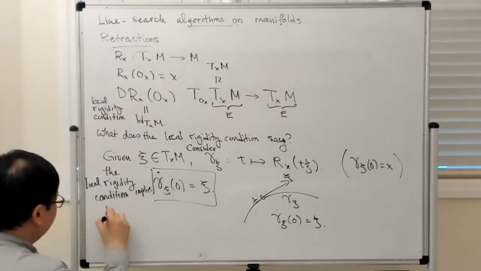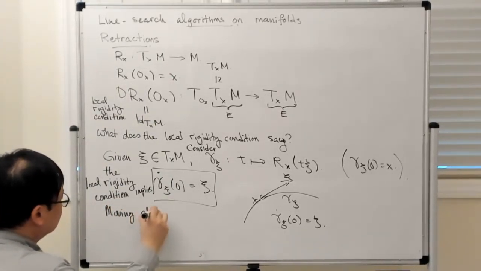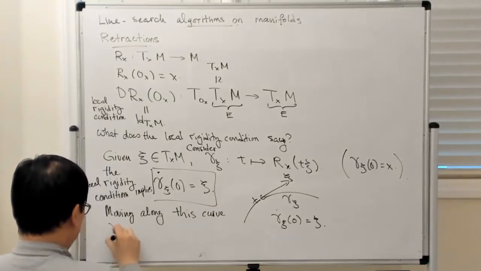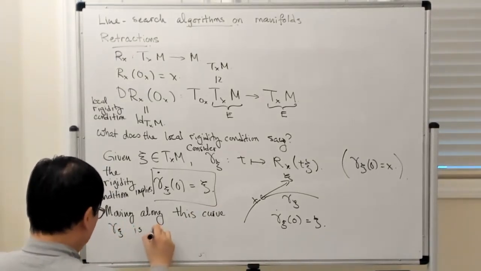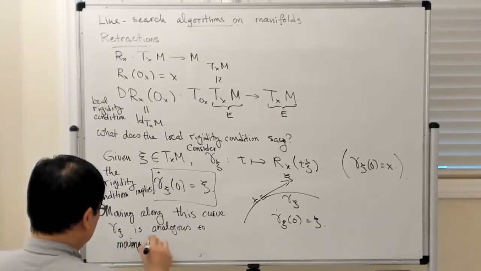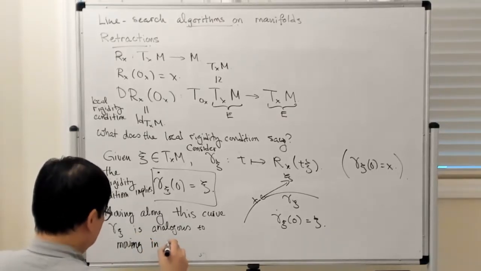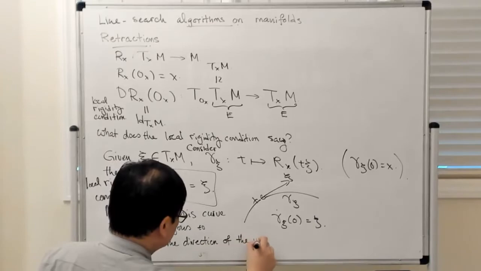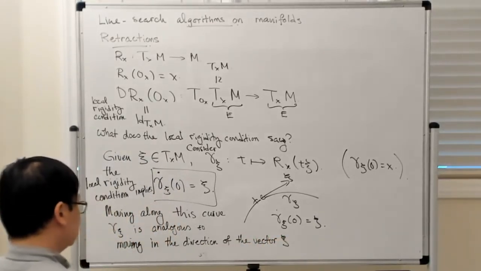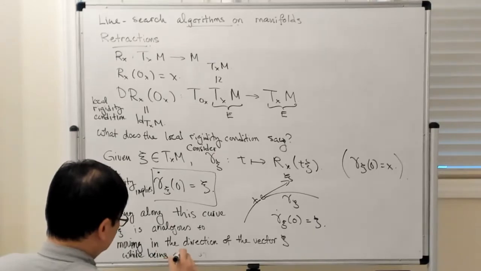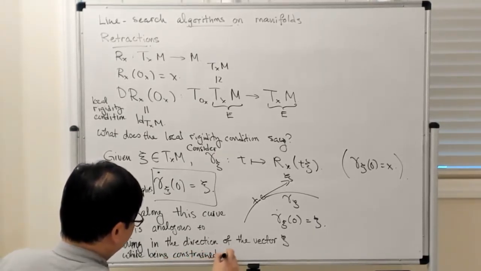So what happens then is that moving along this curve gamma is sort of analogous to moving in the direction of the vector, while being constrained to the manifold.